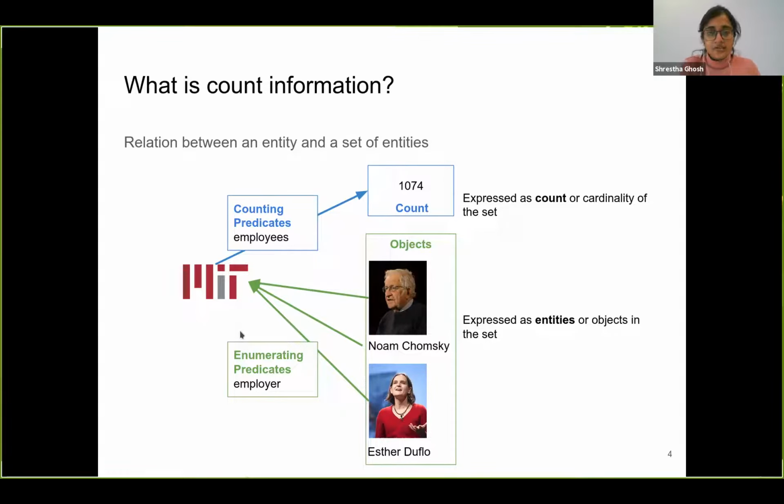So why are we looking into count information? Fabian talked about functional attributes like birthplace and married to, which are mostly stable across entities, so they can be easily predicted via relation mining. For counts, this is a bit different, such that not all institutions have the same number of employees.